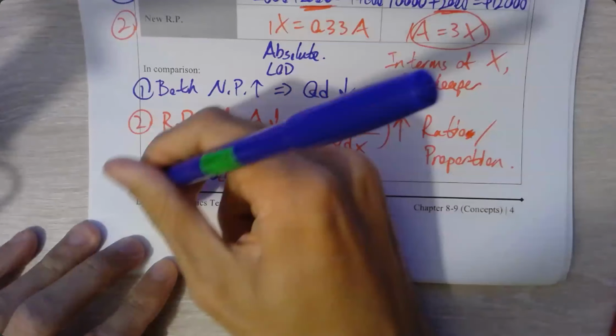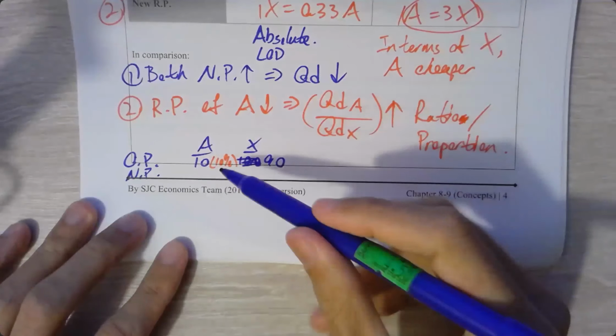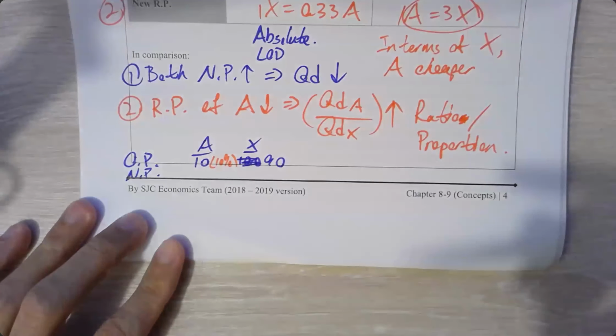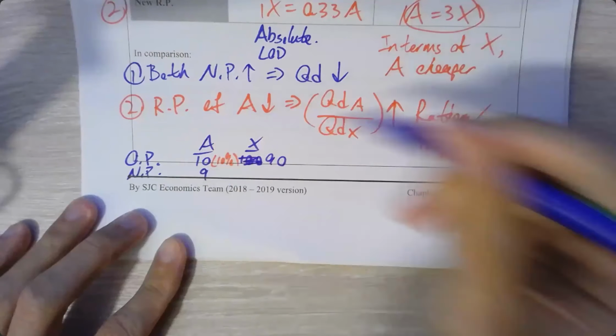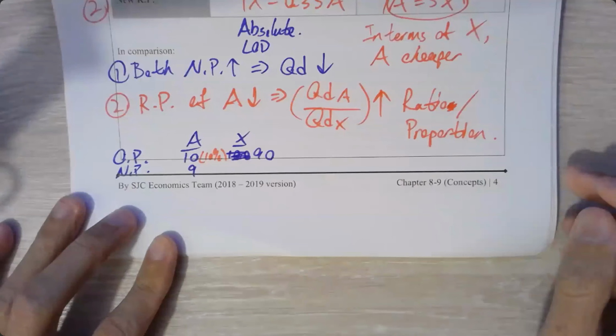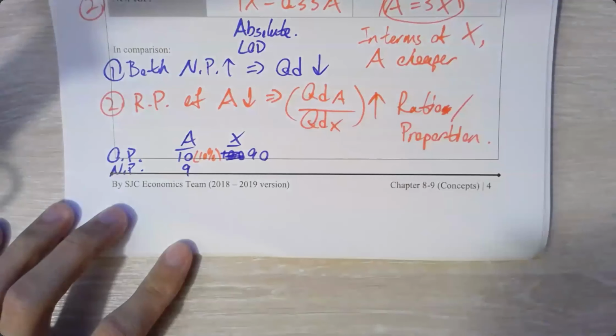Under the new price, what would happen? Obviously, first of all, Apple is going to drop in quantity demanded, of course. Let's say it drops to 9, since it's more expensive. But for Xiaomi, it should drop by a whole lot.